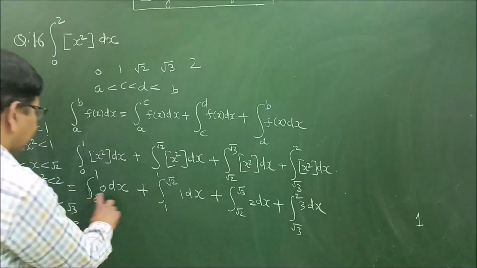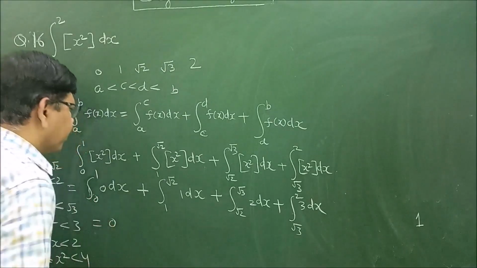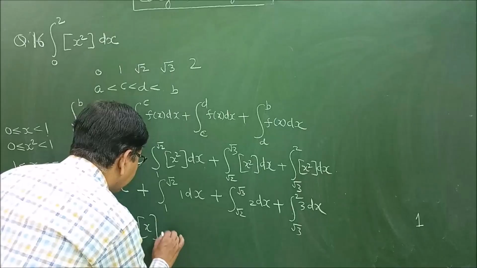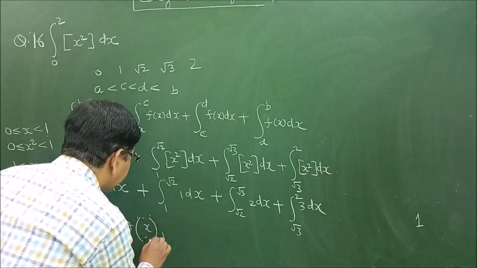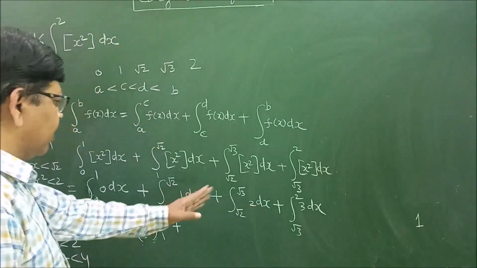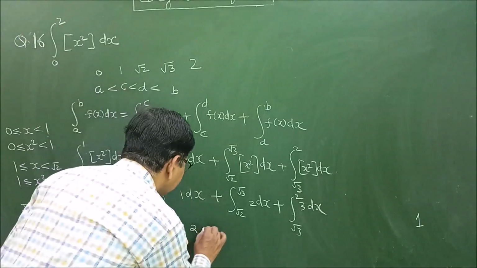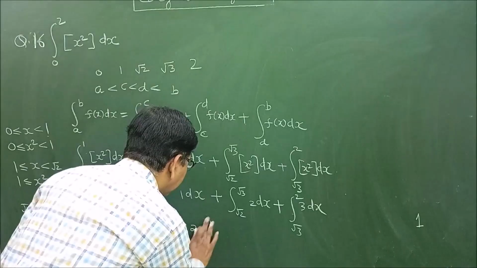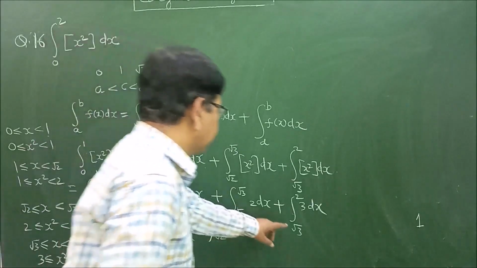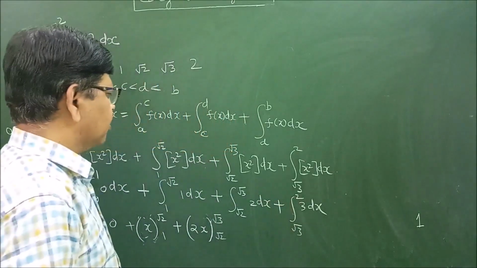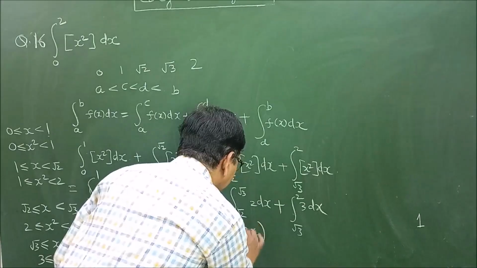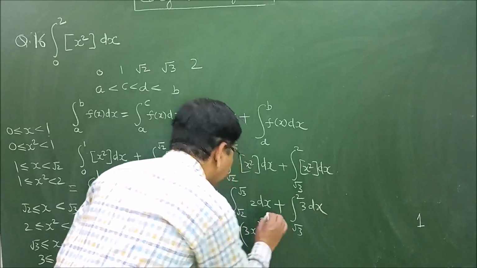Now integrating, this is 0, so this is equal to 0 plus integral of 1 dx, that is x, within the limits 1 to root 2, plus 2 dx, 2 is a constant, so 2x from root 2 to root 3, and here from root 3 to 2, 3 dx will be equal to 3x from root 3 to 2.